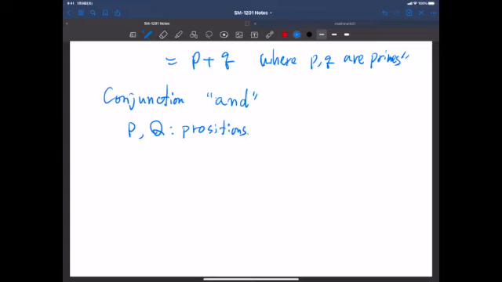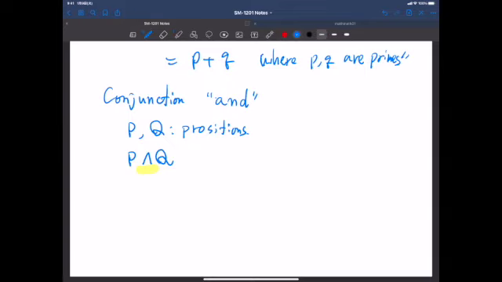That means P and Q are statements which can be either true or false. P is something like it is raining today, and Q is something like the road is wet. These statements are propositions, and we define the conjunction P and Q. We use this symbol for and.